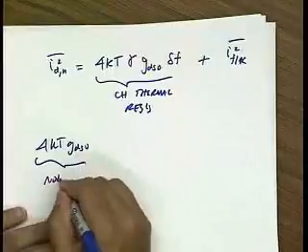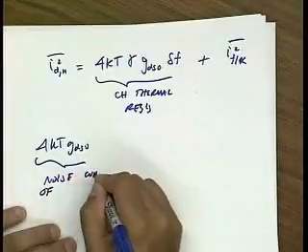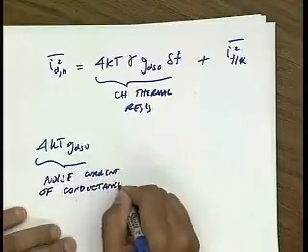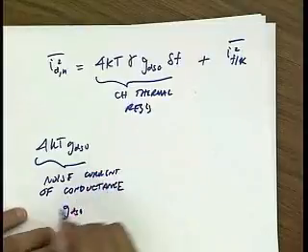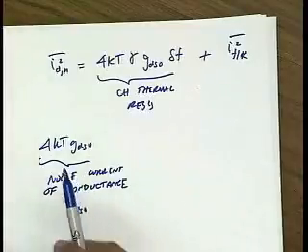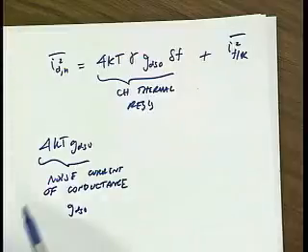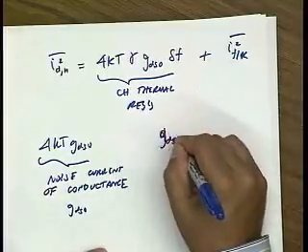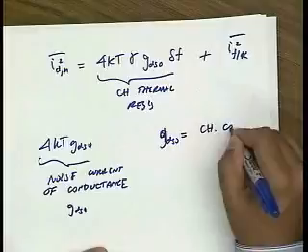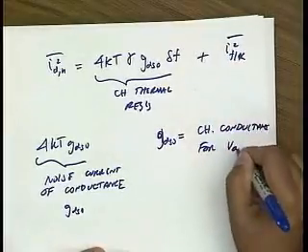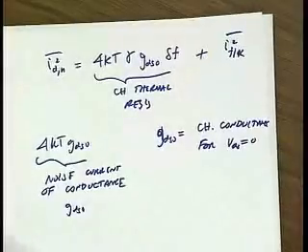This is the noise current of a conductance GDS0. So if I told you the noise were just equal to 4KT GDS0, you would say, brilliant, I understand where that comes from, because GDS0 is just the channel conductance. Okay? So GDS0 is equal to the channel conductance for VDS equal to 0. Okay?